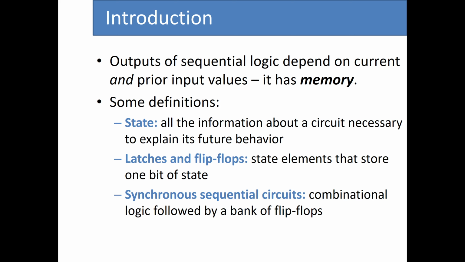On the other hand, the outputs of any sequential logic circuit depend on the current values of the inputs and also the prior values of the inputs. In other words, sequential logic circuits have memory. So that is the main difference between sequential logic circuits and combinational logic circuits.